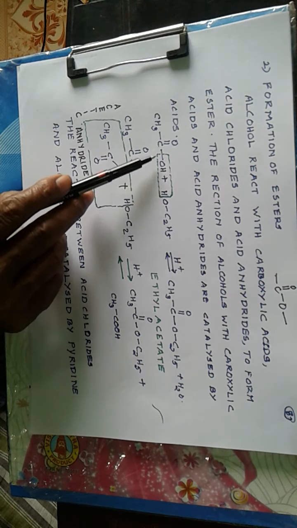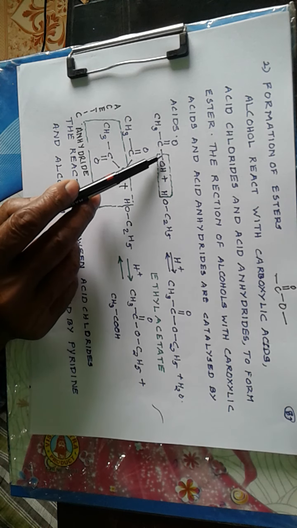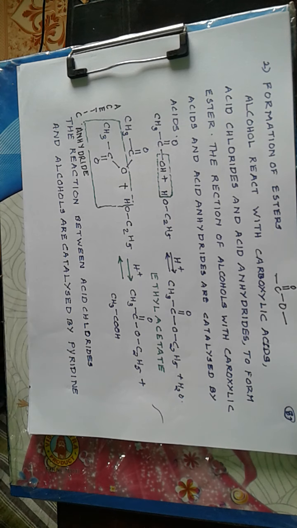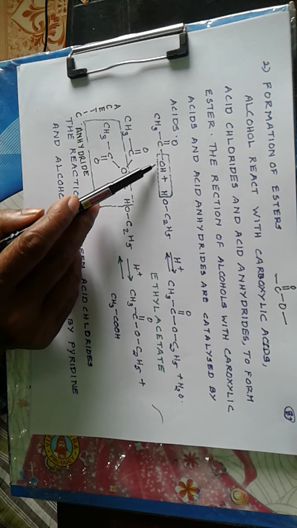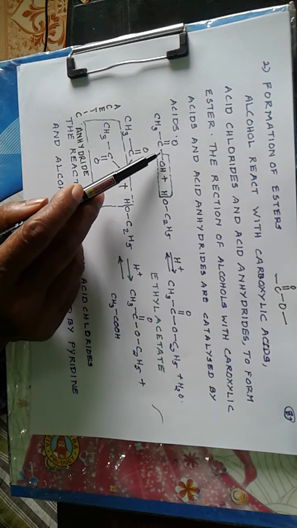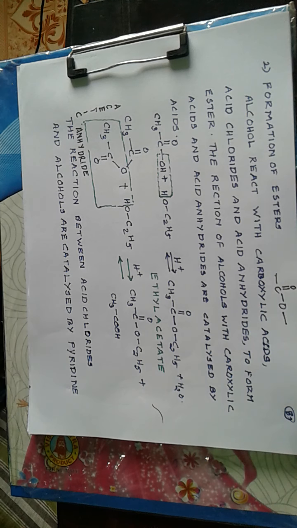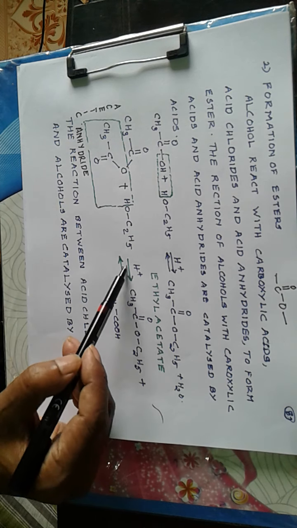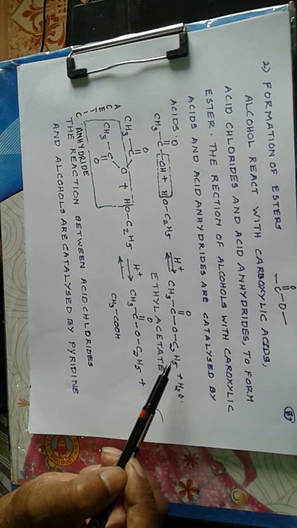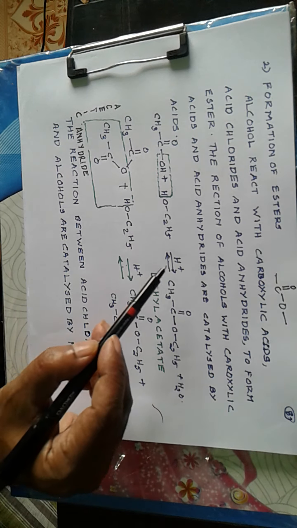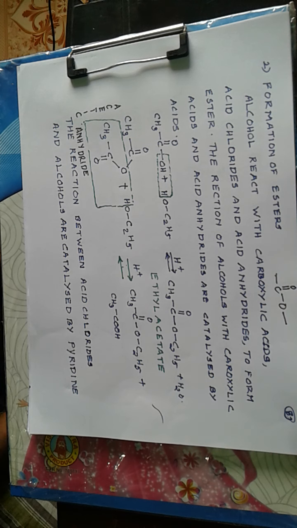Now, with acetic acid, the OH group of the acid is getting removed, not the OH group of the alcohol. The OH group of the acid and H of the alcohol are removed as a molecule of water. Reactions are reversible in both cases. We get ethyl acetate and water, and these reactions are catalyzed by acids.